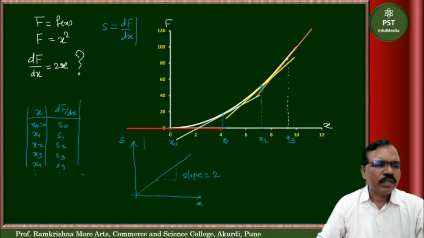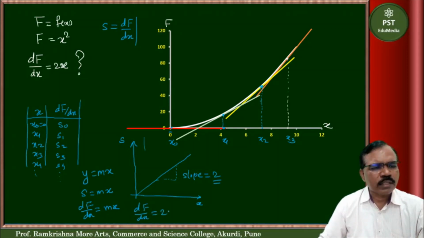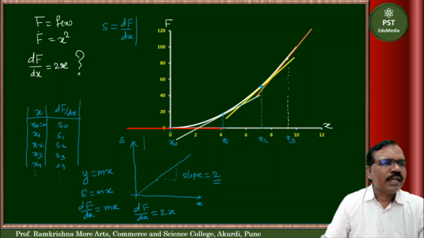And we know equation for straight line is y is equal to mx. So here s is equal to mx. S is df by dx is equal to mx. But if we take slope m, that is 2, df by dx will be equal to 2x. That's why derivative of x square is 2x.